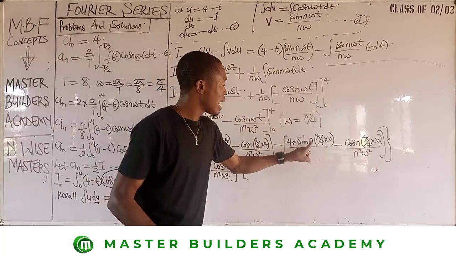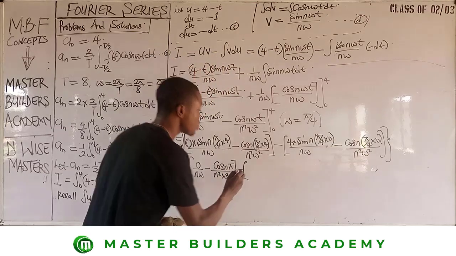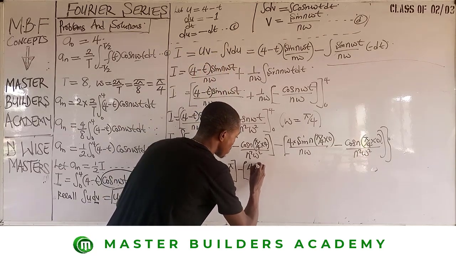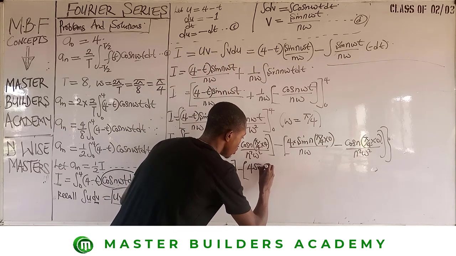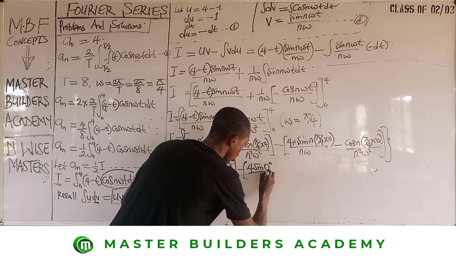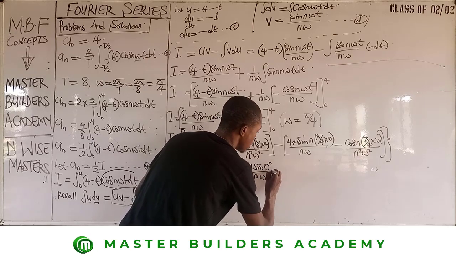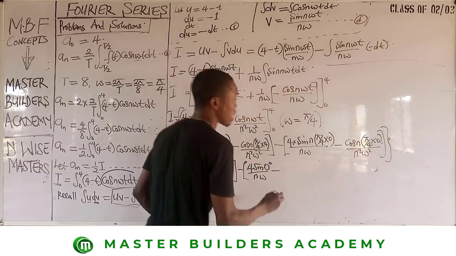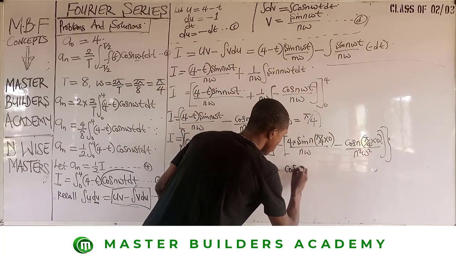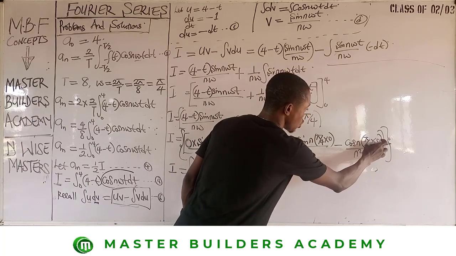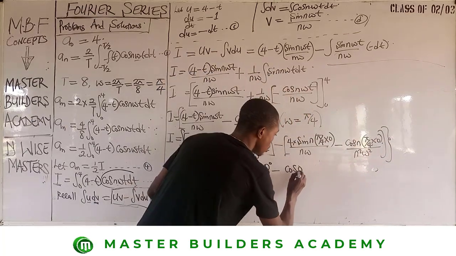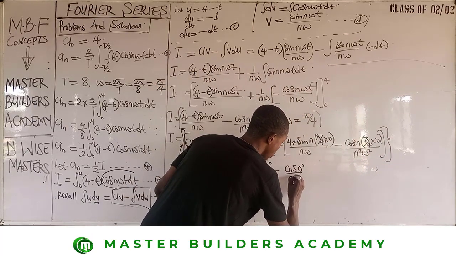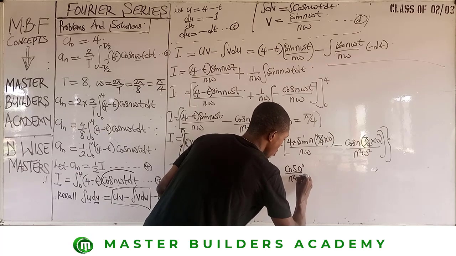So it's 0. And then n multiplied by 0 is 0. So this gives us 4 multiplied by sine 0 degrees all over n omega. Then minus. Everything here also would have given us what? Cos 0. Anything multiplied by 0 is 0. So 0 multiplied by n, we have cos 0 degrees over n squared omega squared.